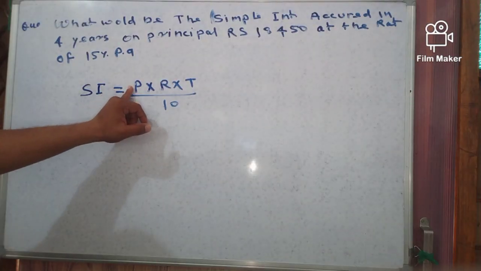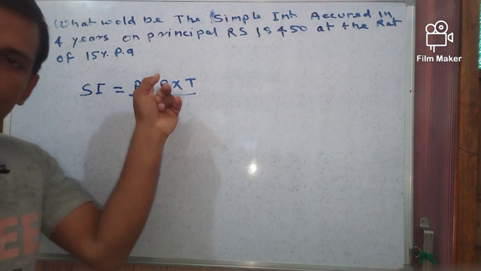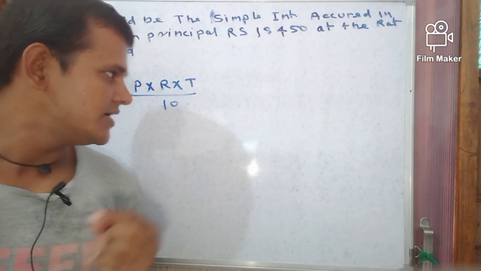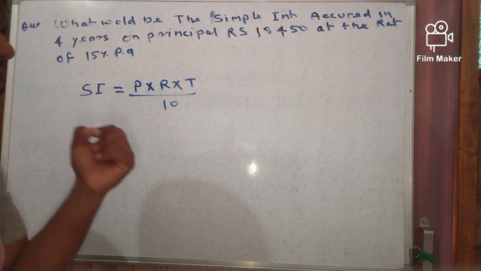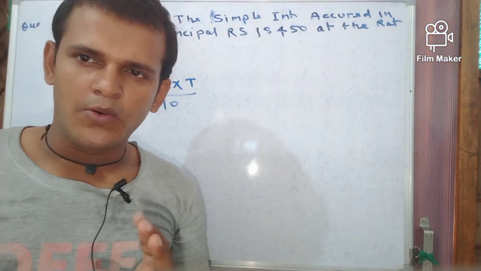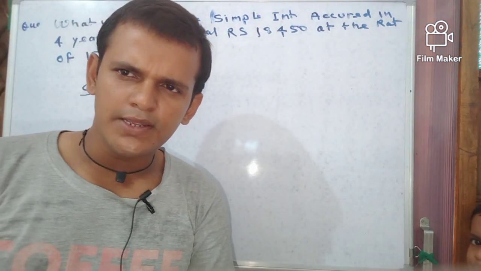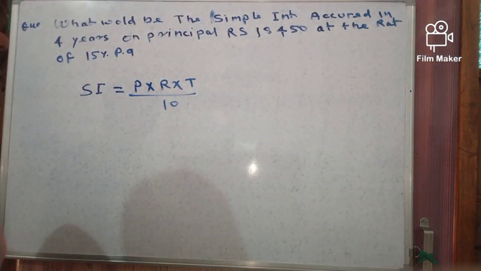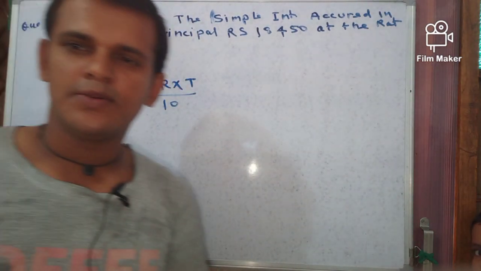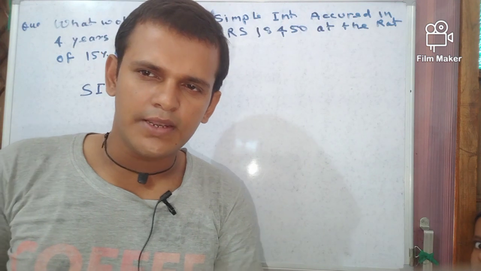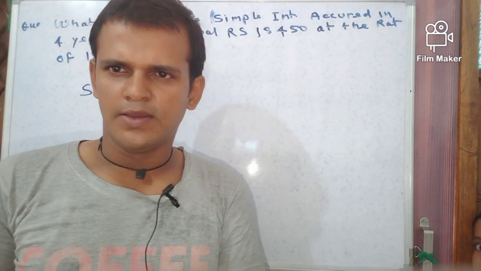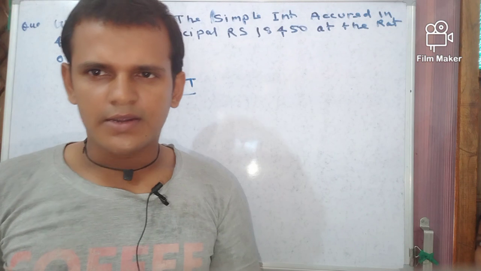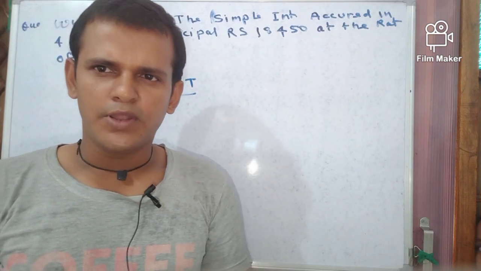Principal P means principal, rate of interest R means rate of interest, and T for time duration. What would be the simple interest if the amount is 18,450 and the rate of interest is given 15% and time duration is 4 years?